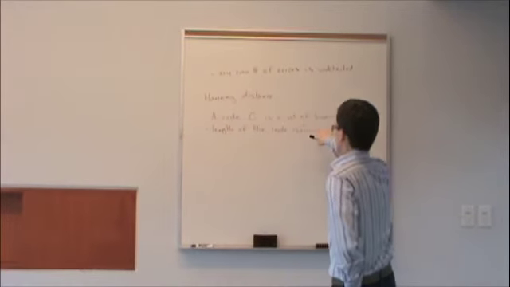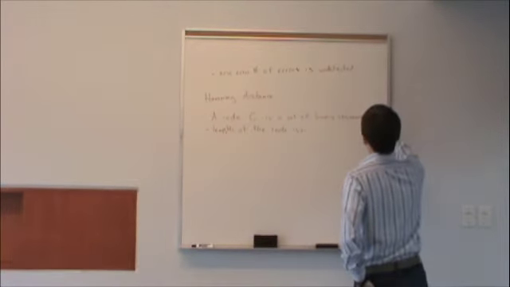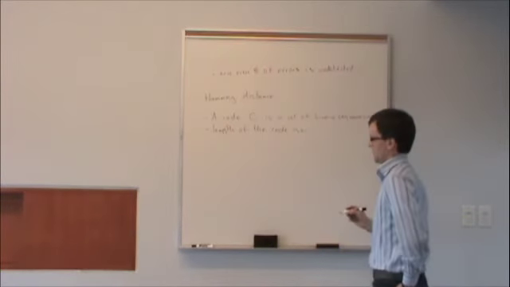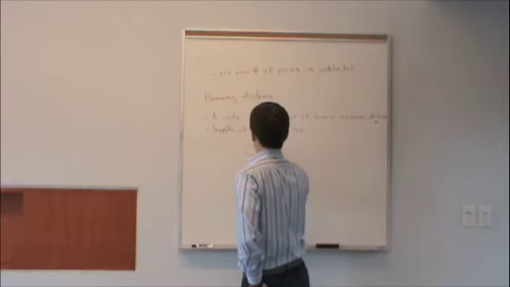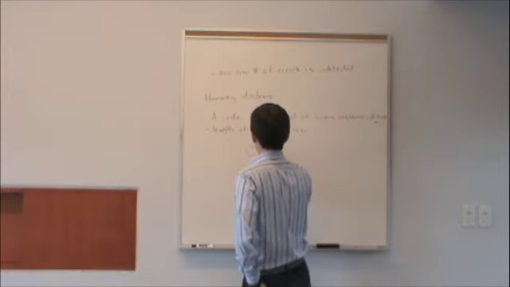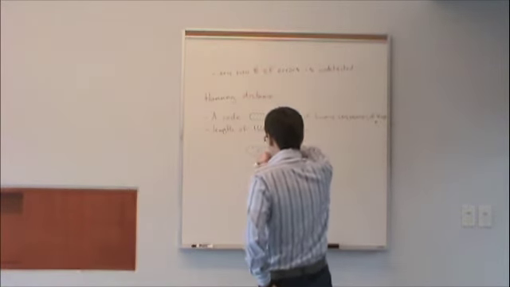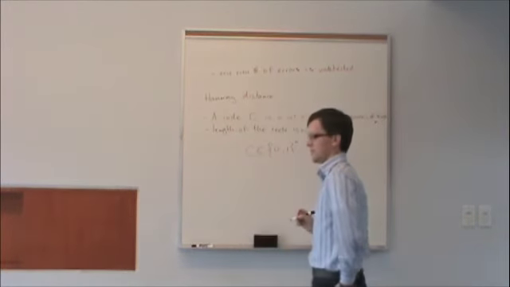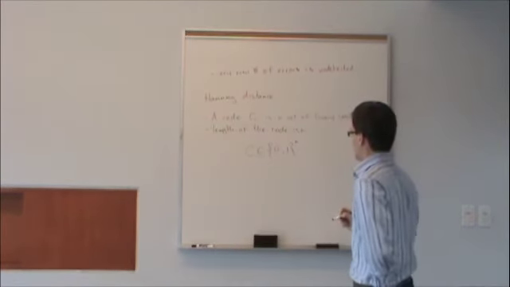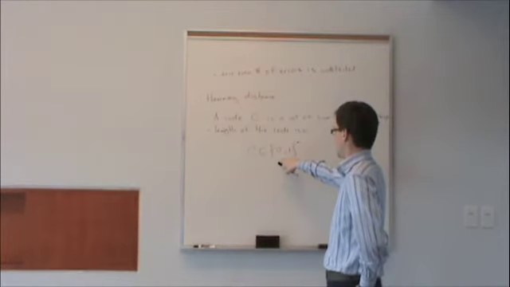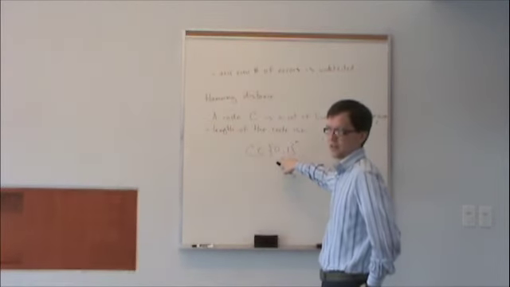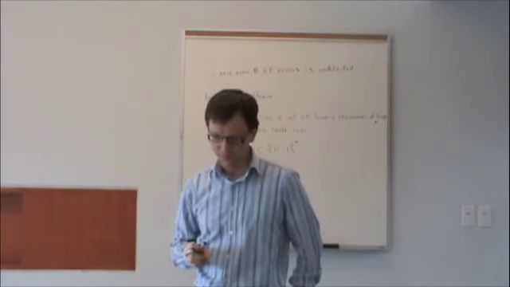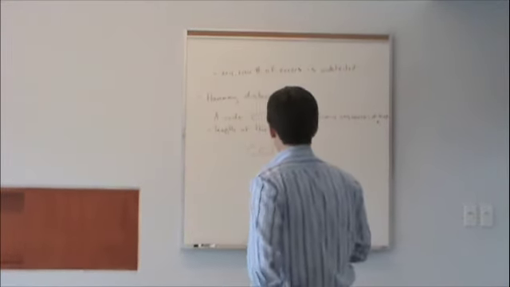So a code C is a set of binary sequences of length n. So in other words, you can write C as a set, and C is a subset of binary elements, the n-fold product of binary elements. This notation just means the set of all binary vectors of length n, and C is some subset of that.